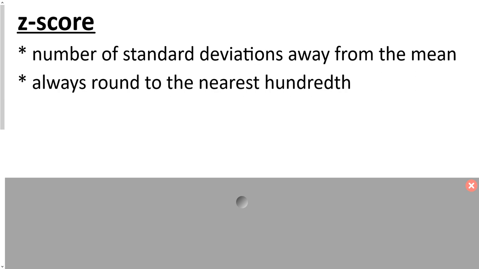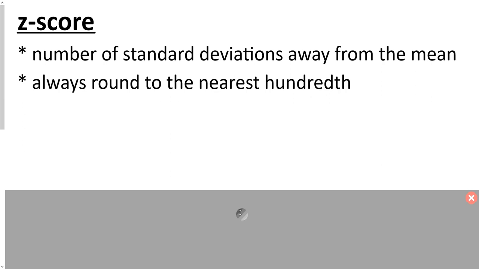So the formula. You're going to generally see this formula given for z-score in one of 2 ways. Your z-score in this case is going to be equal to your x value minus the mean, divided by the standard deviation. Okay? So you're going to need to know the mean.